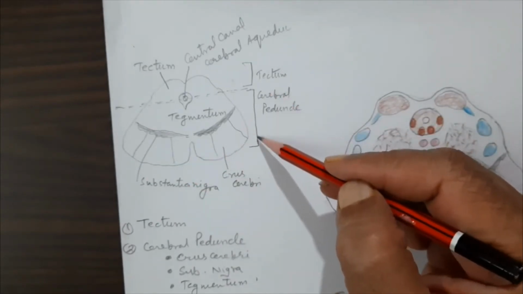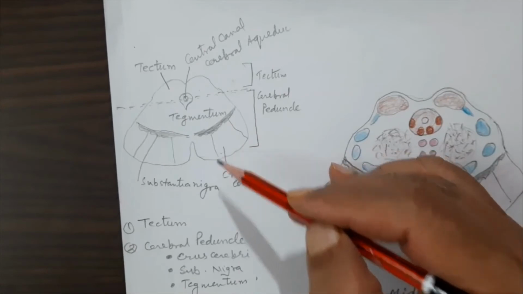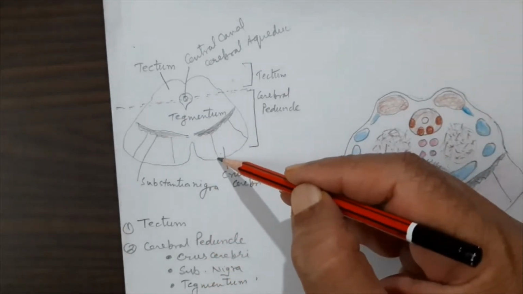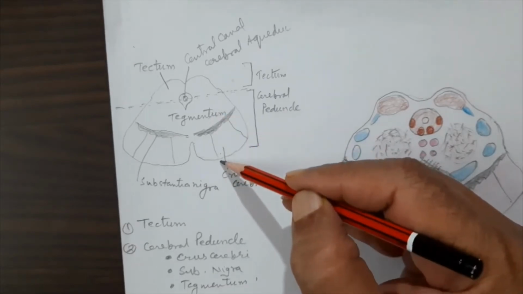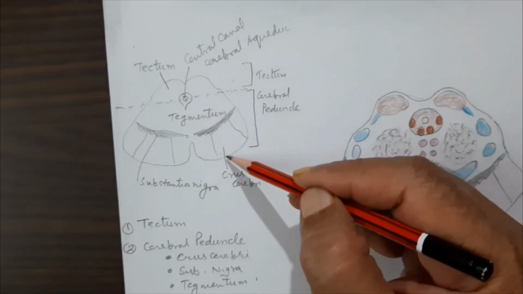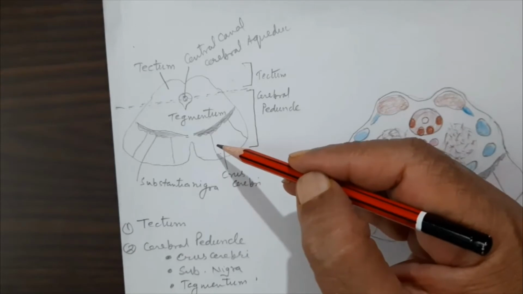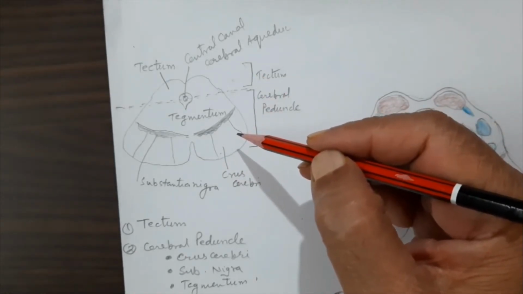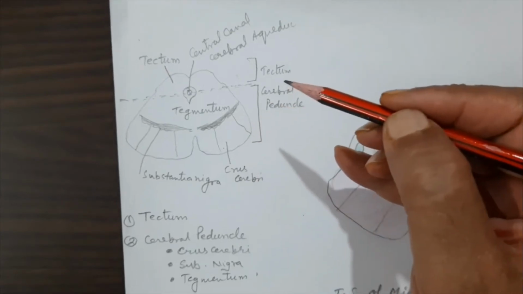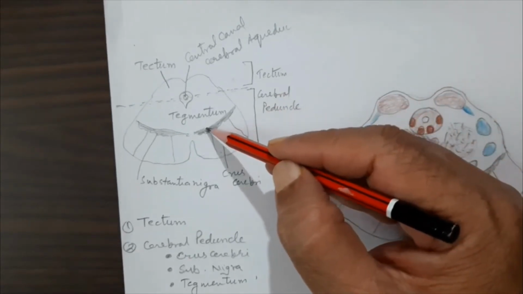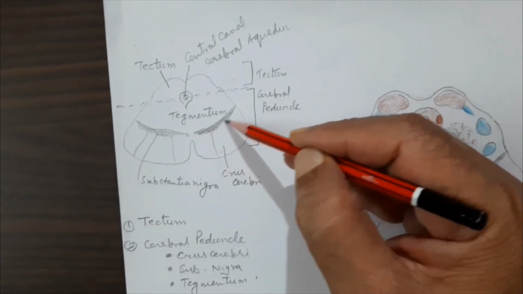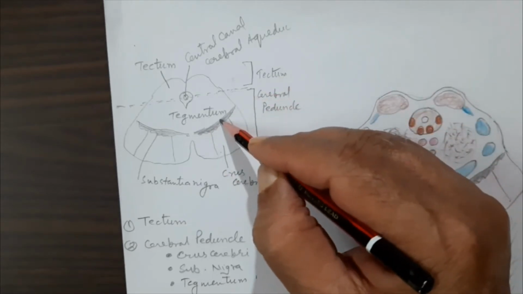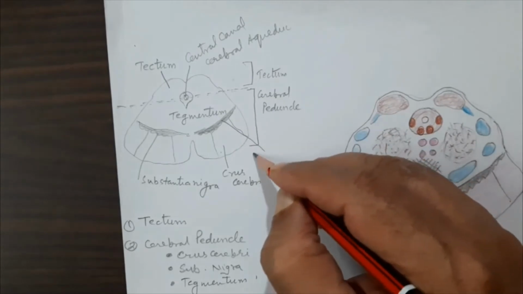Then we can divide this cerebral peduncle again into three parts. Going from most ventral to dorsal, the first part is the crus cerebri. This part is the crus cerebri, which is part of the cerebral peduncle, and it lies ventral to the structure called the substantia nigra.